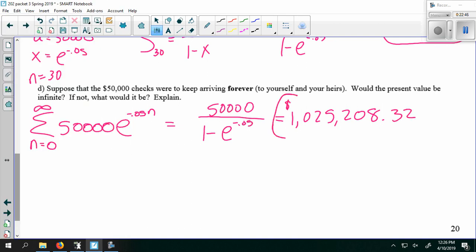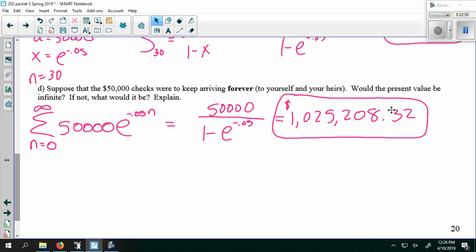So it is not an infinite amount of money. Getting a check for $50,000 every year from now till infinity is only worth about a little over $1 million.